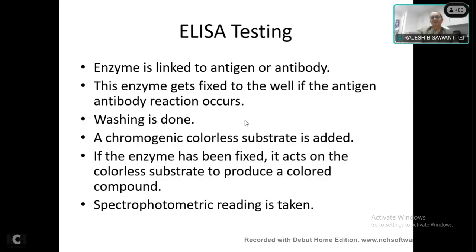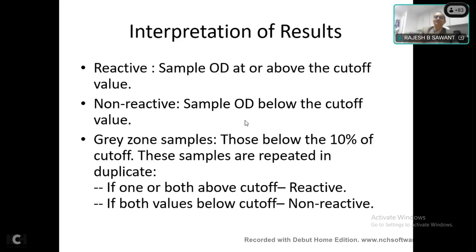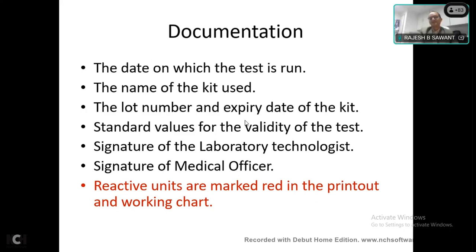You take the reading finally with a spectrophotometer, and based on the optical density measured, you have your negative and positive control and 10% cutoff, and then you define the values for your reactive and non-reactive samples.